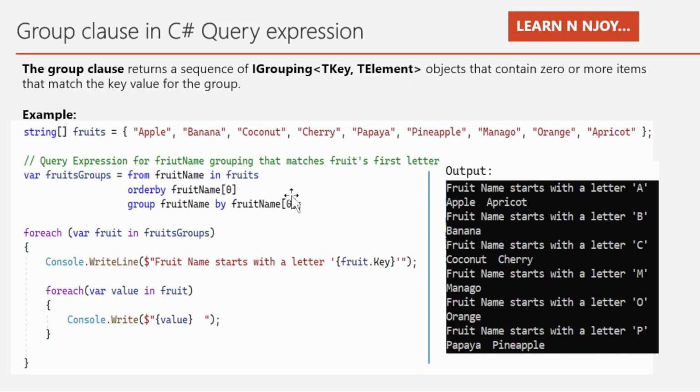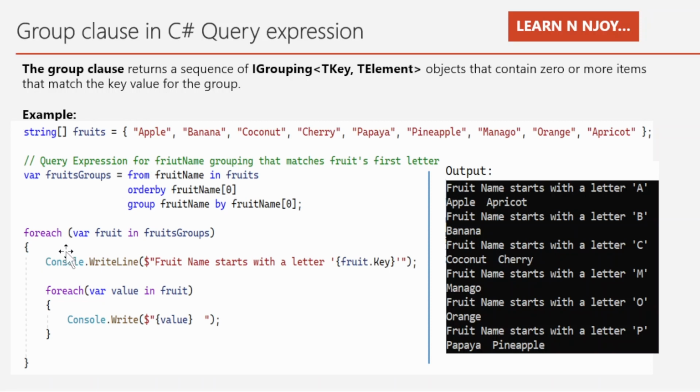So here fruitName[0] will be treated as a key, and fruitName is basically nothing but the fruit name, like apple, banana, coconut, and all those things, right? So now we group by and then we have stored this output into this fruitGroups variable.